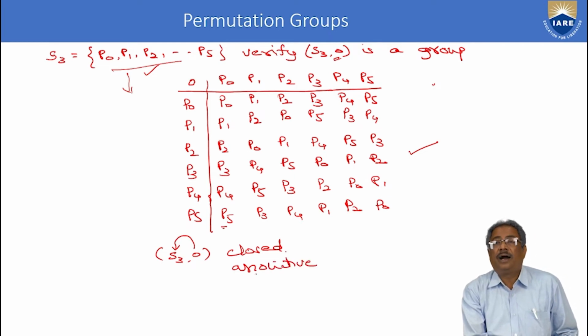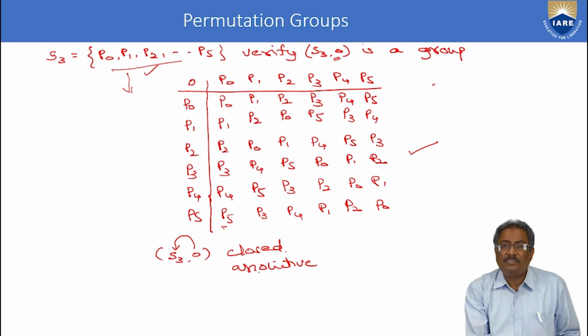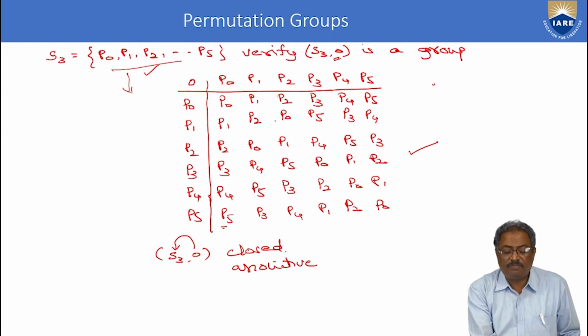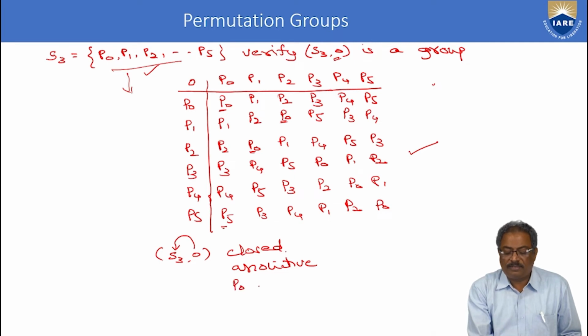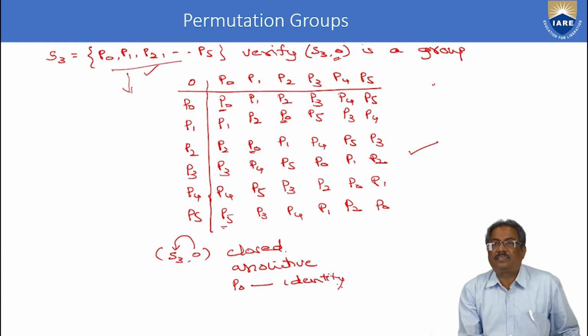It is nothing but the identity function. Here we get the identity function P naught, so P naught is the identity element and it exists here.